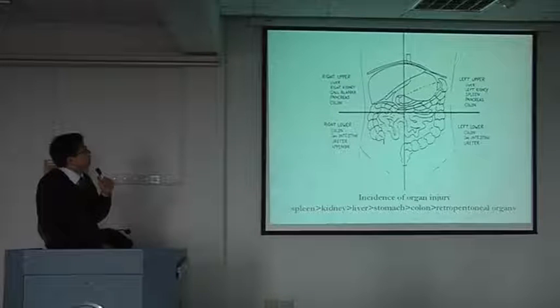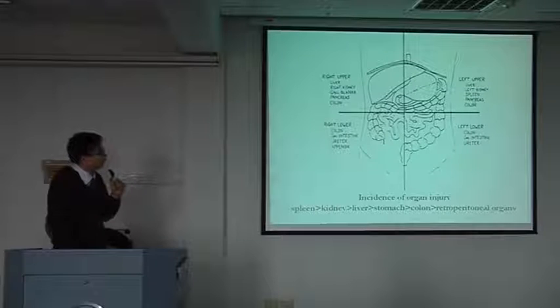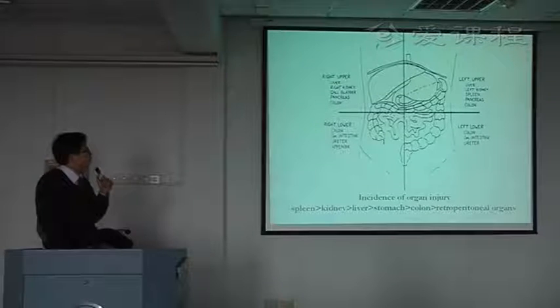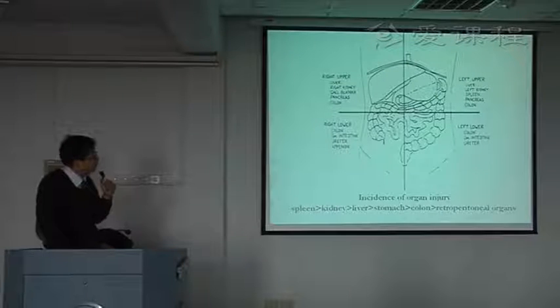And for this area is also left liver, left kidney, spleen, the body and the tail of the pancreas, and the colon. For this area, colon, small intestine, ureter, and appendix.